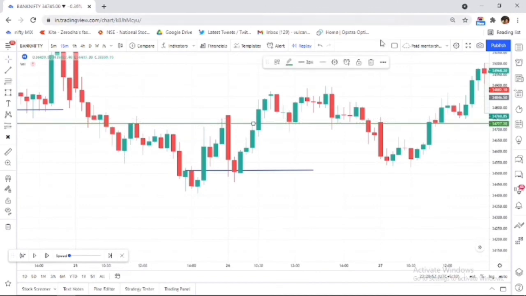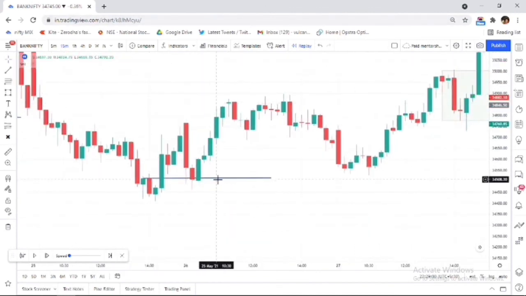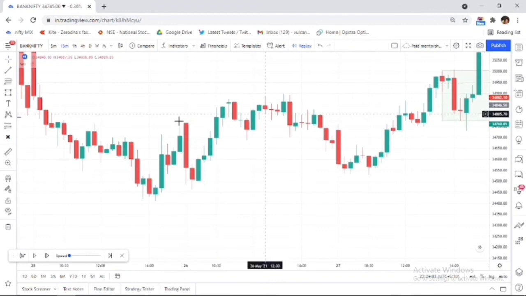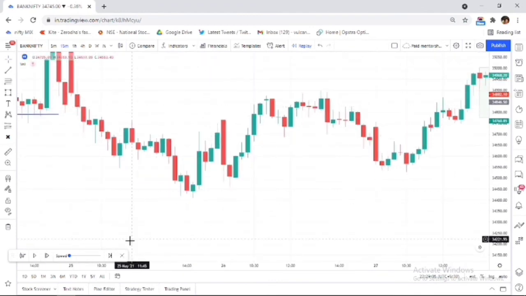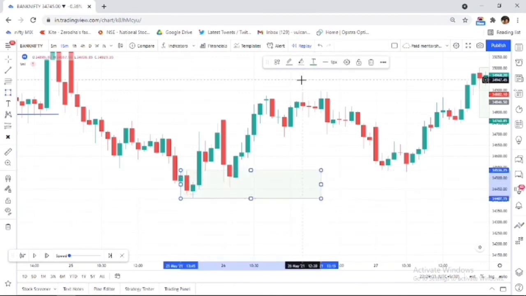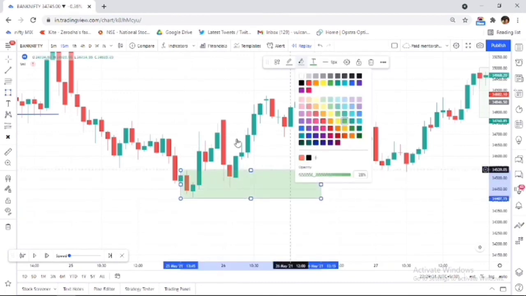And now see again, this is my 1 2 3 candle structure, and this is standard. The market always respects this structure; it will never fail. See how the third candle has momentum and breaks the first and second candle. Now mark the first and second candle high and low.